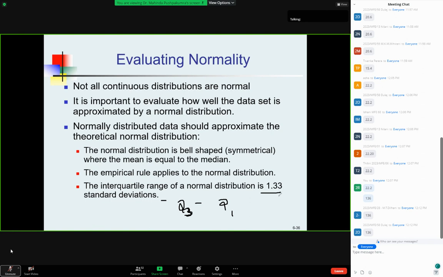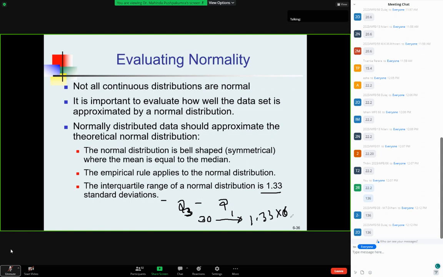Okay. Now let's say the interquartile range is 30. Then this 30 should be equal to 1.3 into standard deviation if the distribution is normally distributed.